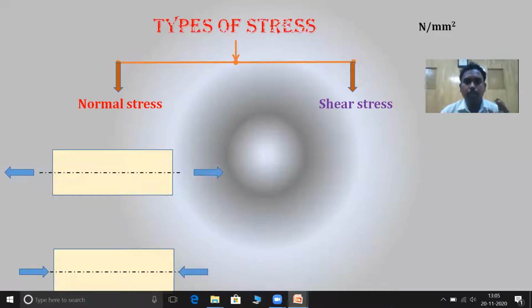Students, one thing you need to clearly understand, clearly focus here, is the load. The load is acting along the axis. In both cases, case number one and case number two, both the tensile load and compressive load are acting along the axis.